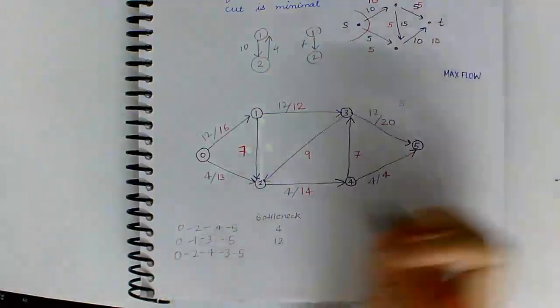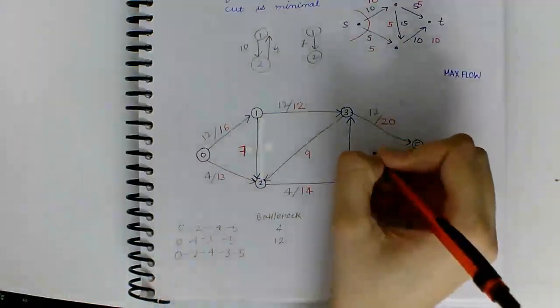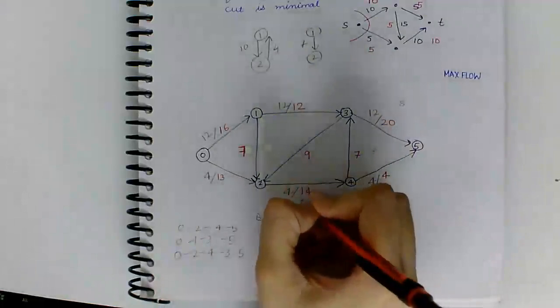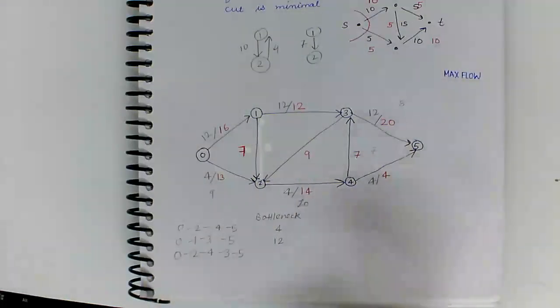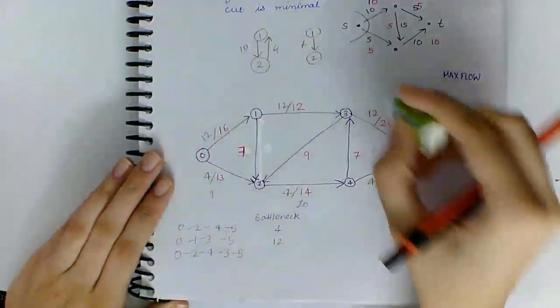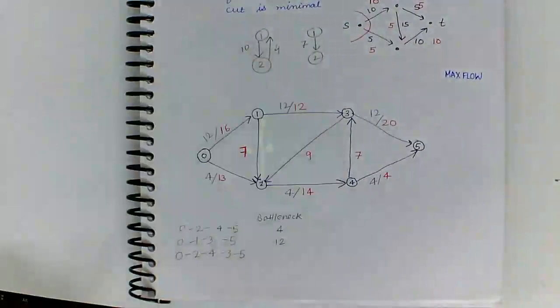So we have 8 and 7 and 8 and 7 and 10 and 9. So the bottleneck is 7. I will just erase this all. So we have added 7 units of flow.